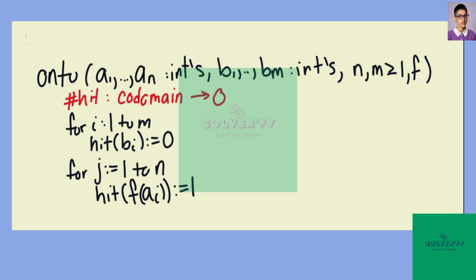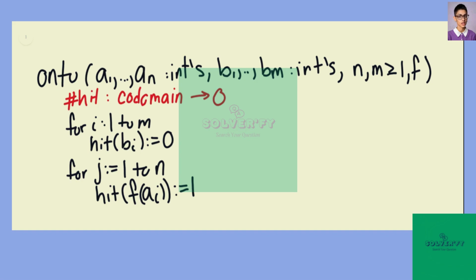Okay, so we initially mapped every element in the codomain to 0, and then for every one that was a solution to the function of the domain, we changed that to 1. Okay, so now we want to count the elements that had a hit, or that were changed to 1.